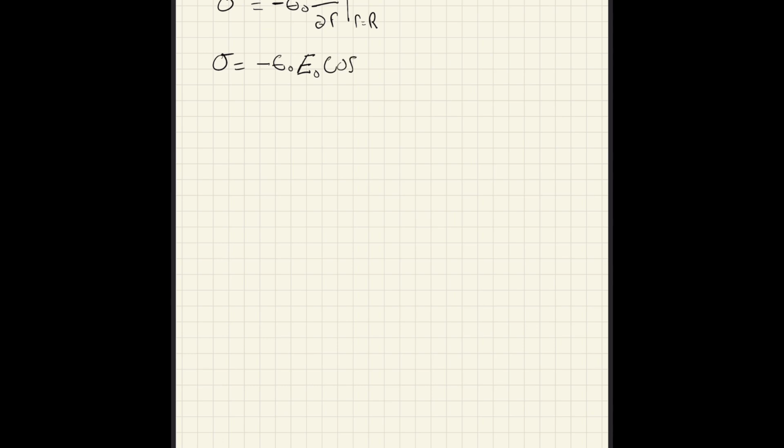I can bring that out, and then we have the derivative with respect to r of r times r squared over r squared minus 1, I believe. Instead of trying to do the product rule here, I think it would be easier to just multiply this through.